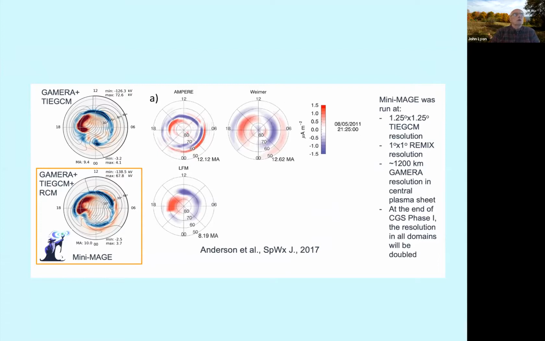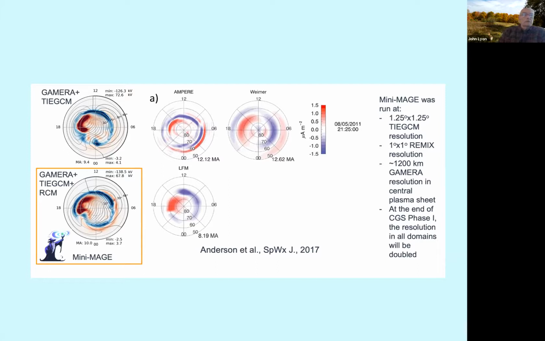Below is mini MHD, which has the RCM coupled in, and you can see that the region 2 currents, that is the blue at low latitude on the left and the red on the dawn side, are very much stronger with the addition of the RCM, and the overall resolution of the solution looks very much better.